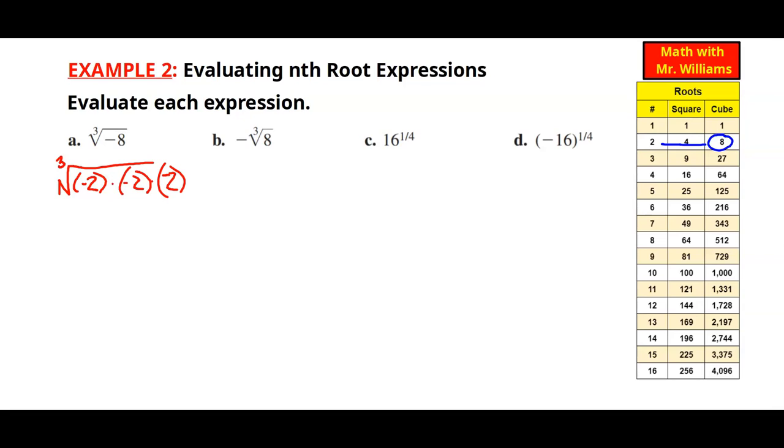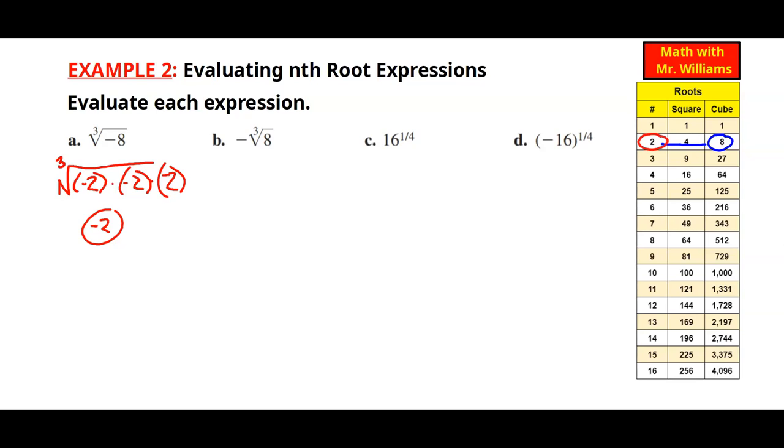All right, so if we break this down, the cube root of a negative 8 would just be a negative 2 as our answer. All right, so the difference of A and B, if we look at it, is where that negative actually is. So the cube root of a negative 8 is different than the negative of the cube root. Well, this is just saying what's the cube root of 8, which we know is already a 2.